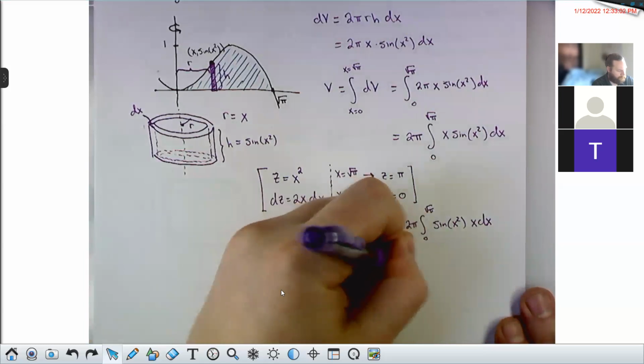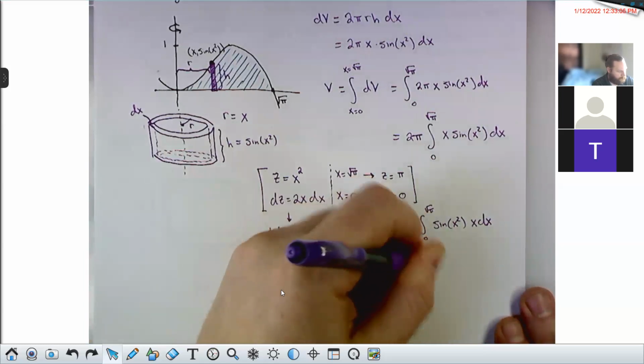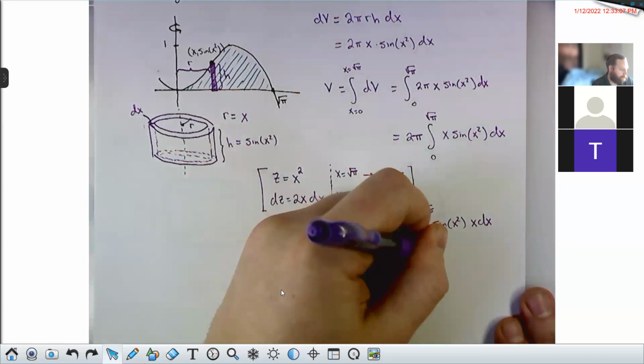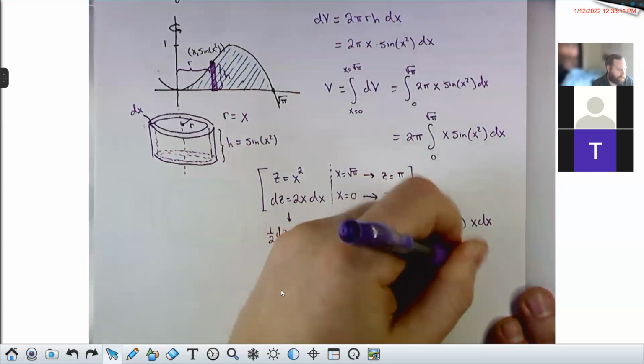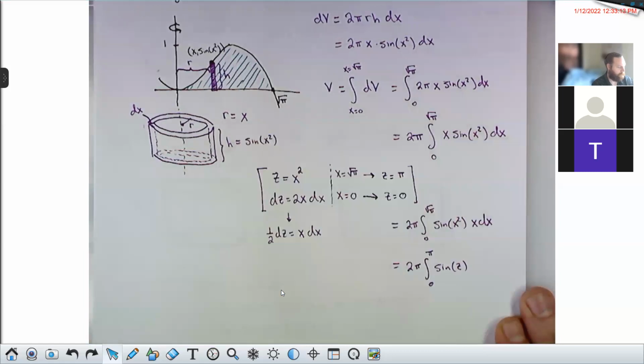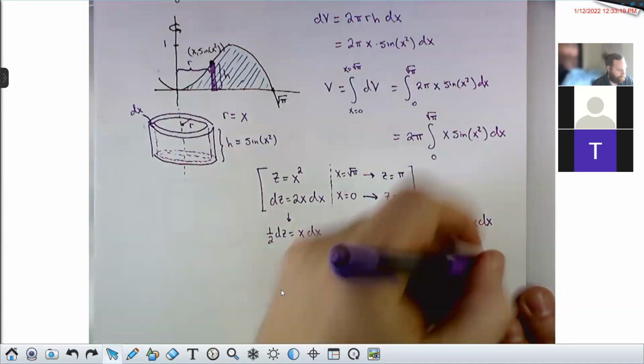So plugging in my substitution, I get 2 pi integral 0 to pi. Sine of x squared is the sine of z. And x dx is 1/2 dz.